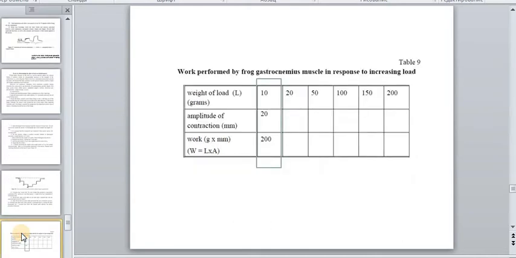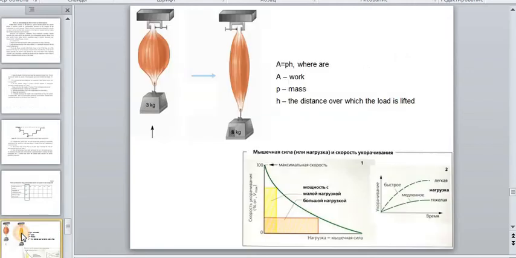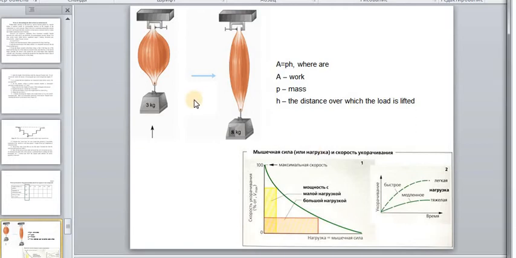In this laboratory, we can calculate the work the muscle performs. The muscle will easily lift a smaller mass to a greater height, and with an increase in weight, to a small height.